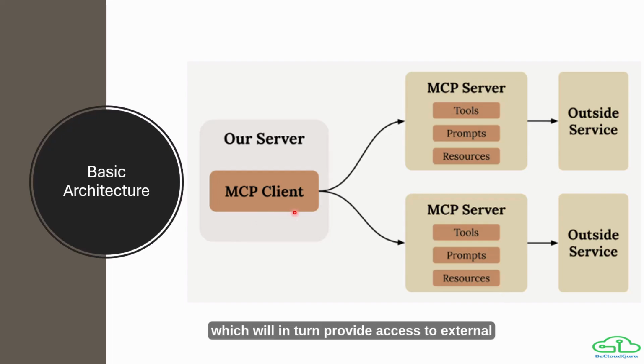Now, every MCP server would have three things. First is tools. Tools are nothing but your functionality, which will give access to the external services and the data. Your resources would be your markdown or .md files, which will contain instructions or the readme files or the PDFs with the read-only access, and a structured prompt so that the user who is making a query through the application need not structure their prompt for the external services.